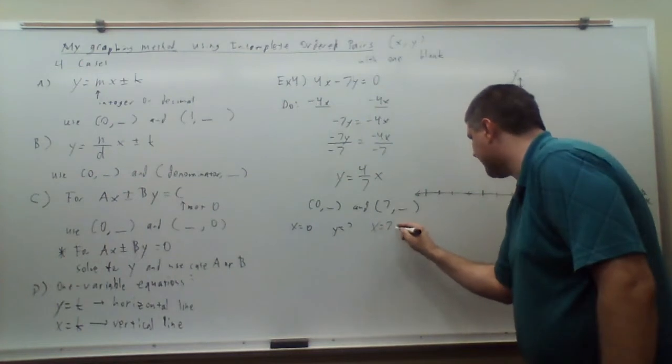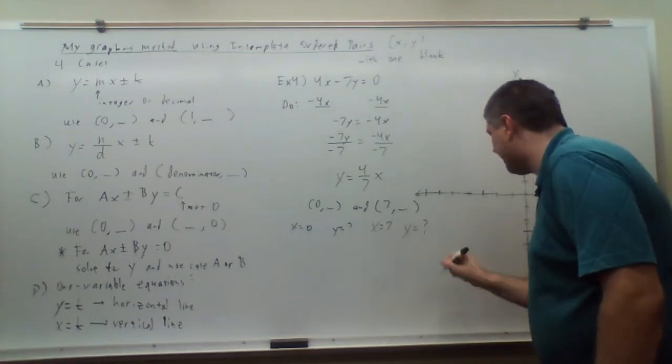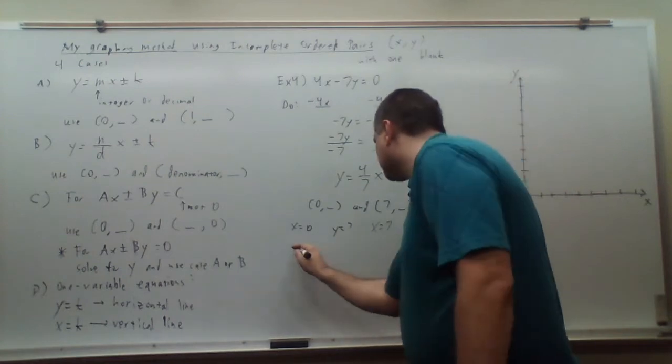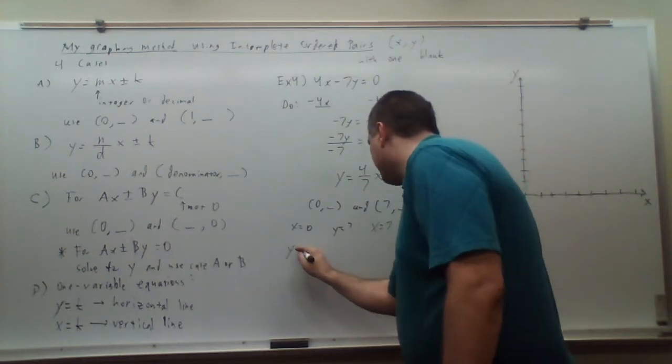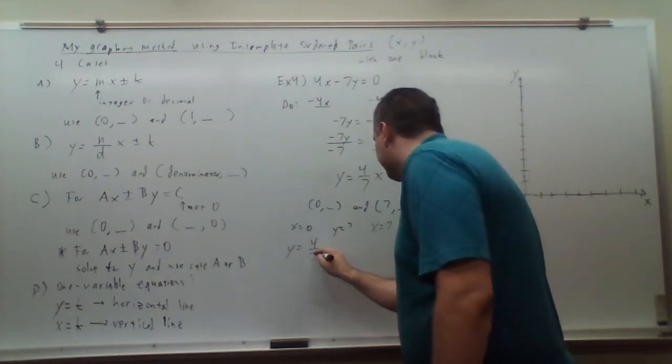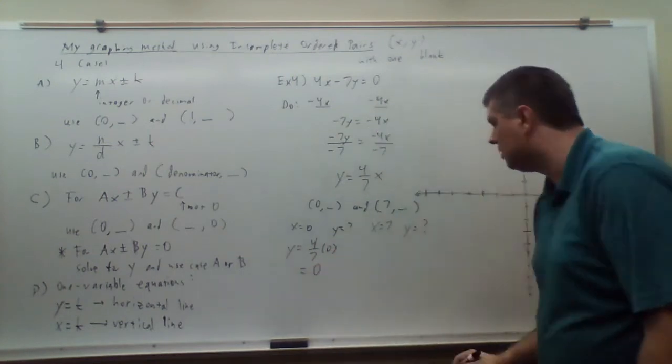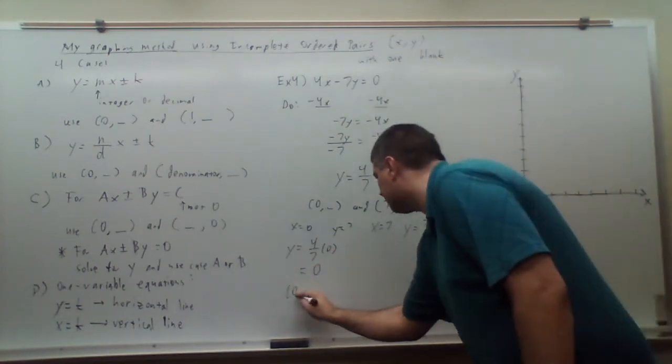X equals 7, y equals we don't know. So y would equal 4/7 times 0, which is 0. So we end up with 0, 0.